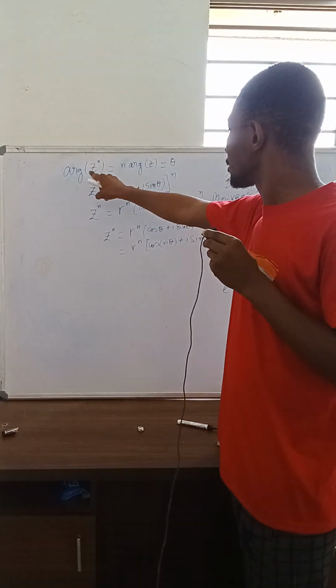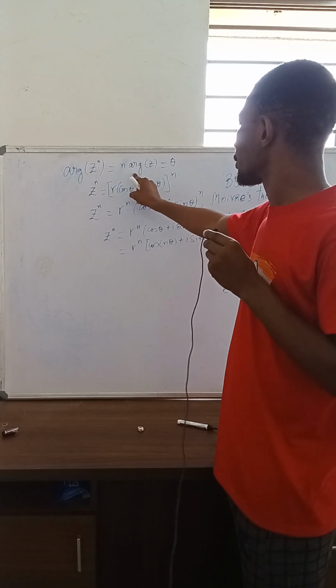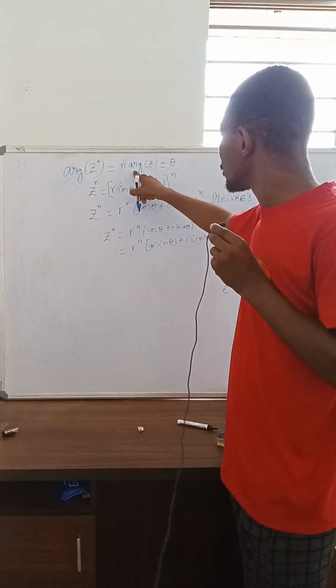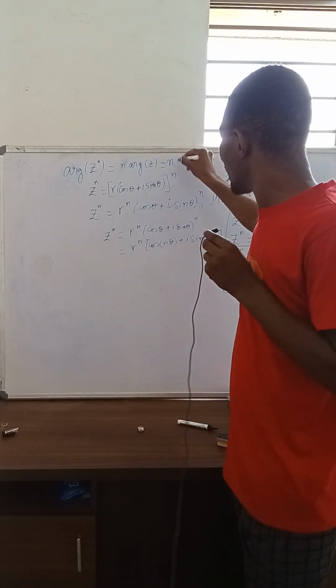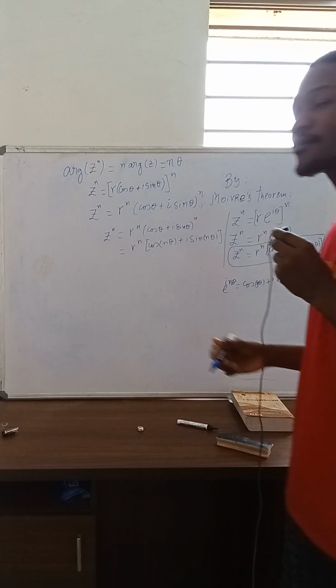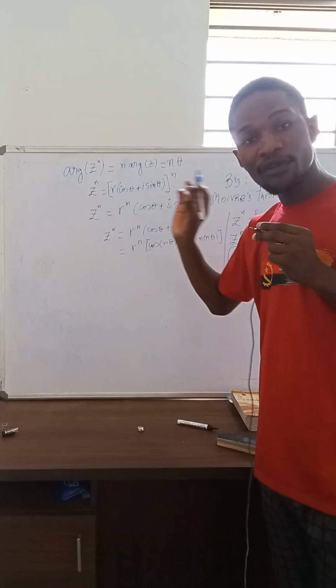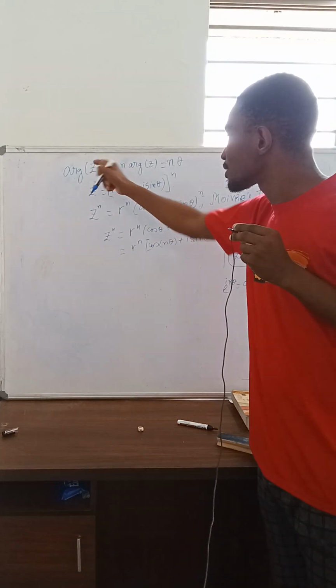It will be n times the argument of z. We know that argument stands for theta, so here I would also write n theta. Because that's the question: they are just looking for the angle when I have z raised to n.